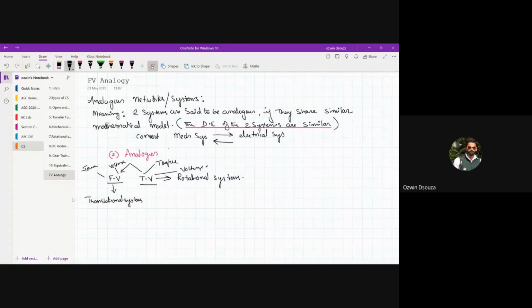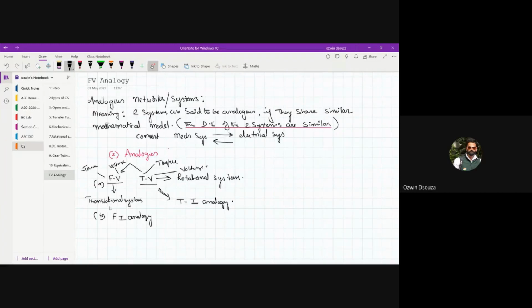In a similar manner, instead of voltage, you can have a current source in the electrical system. Accordingly, you can also have the force-current analogy, called the Fi analogy, and similarly the torque-current analogy.